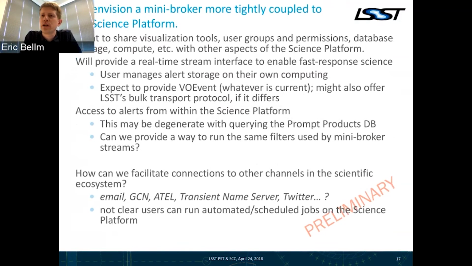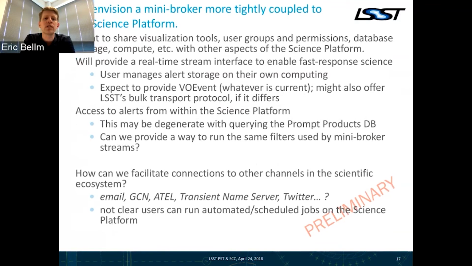We have reporting mechanisms that exist that are external to LSST, and I could easily imagine someone who wants to be able to send their classifications that they've derived into these channels. So it's not clear to what degree this is something that is a responsibility of the Science platform, but I think it's an area that's worth keeping an eye on.